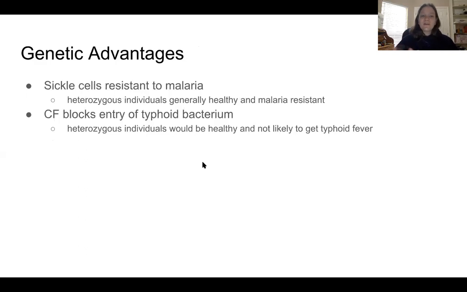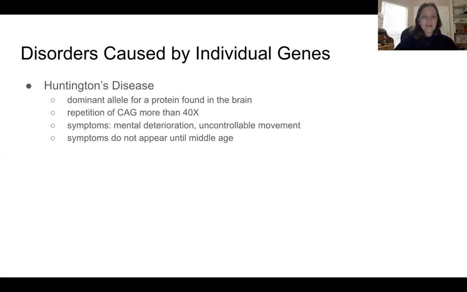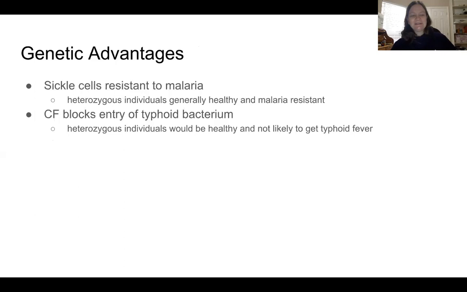There are some advantages, not so much to having Huntington's. Sorry, I forgot which one we just did. Not so much to having Huntington's, but there are some genetic advantages actually to having either sickle cell or CF. So with sickle cell, you are resistant to malaria.